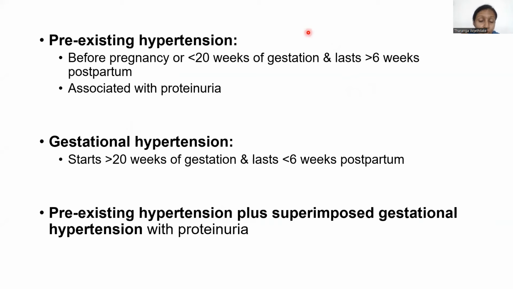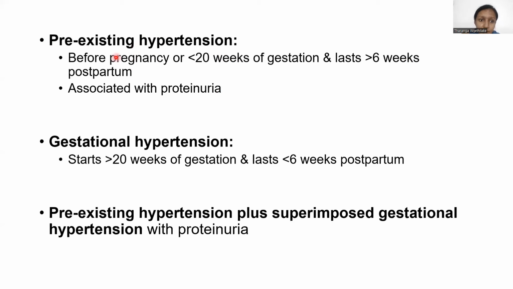Now, all the hypertension seen in pregnancy is not gestational hypertension. You can have pre-existing hypertension, before pregnancy or before 20 weeks of gestation and lasting beyond 6 weeks postpartum, associated with proteinuria.